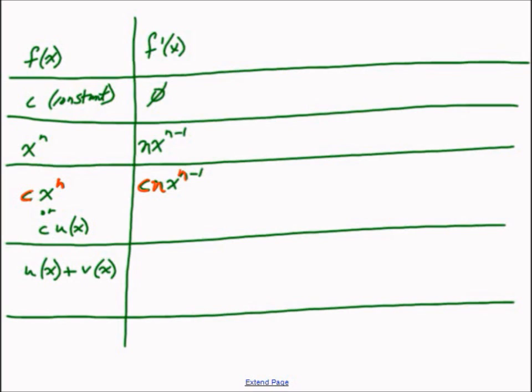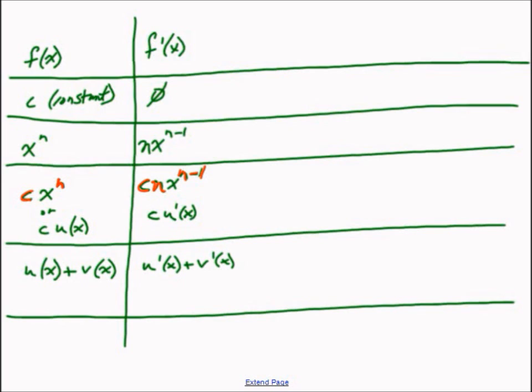And then decrease the exponent by 1. There it is there. Okay, another way of writing this would be we could multiply the constant by the derivative of this function. And this is just take the derivative of the first function and add it to the derivative of the second function.